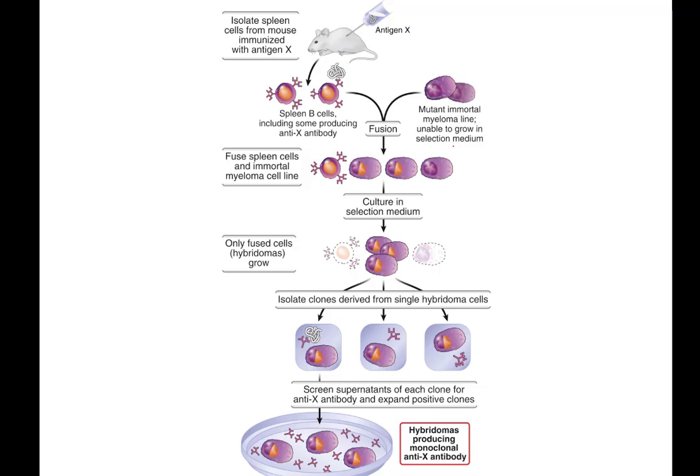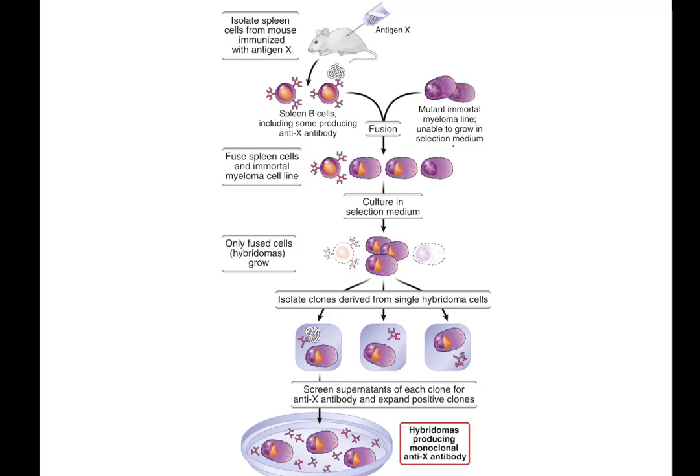It's a mutant B cell that is no longer producing antibodies, but it's immortal. It will grow and divide and grow and divide as long as it's in certain media. It has lost the ability to make one enzyme, and we simply add it to the media to grow these myelomas. So as long as we're growing them in the presence of that enzyme, they can grow and divide immortally.